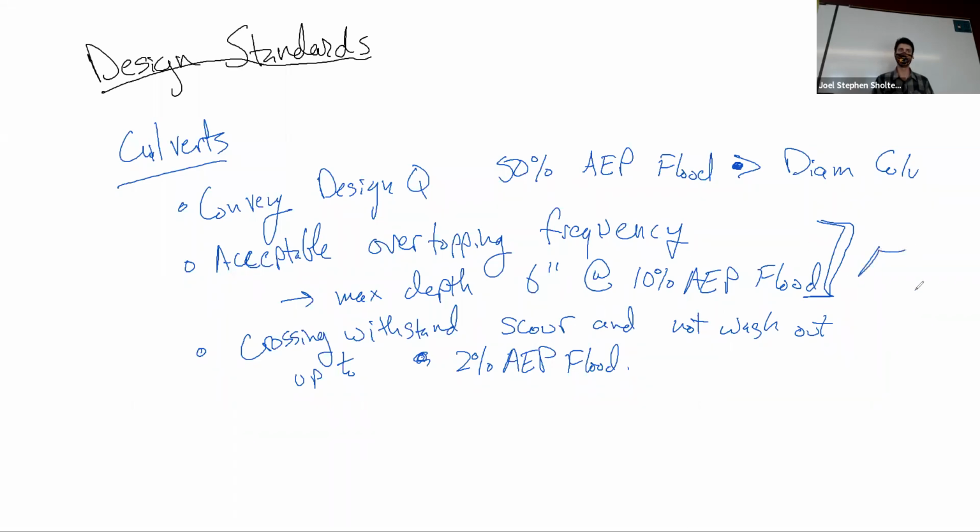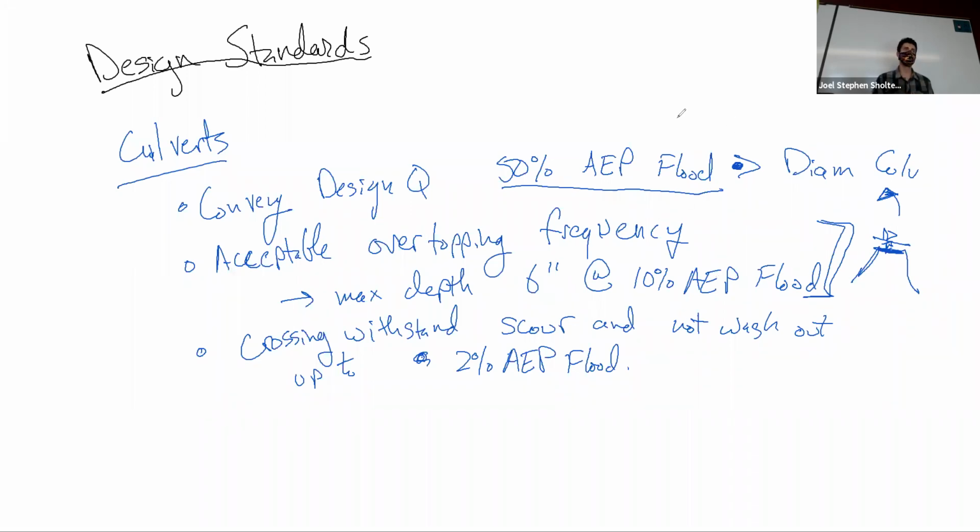Yeah, so our roadway embankment elevation, but also, okay, so say we do a diameter that can pass this flood, but given the maximum elevation for the road crest, the 10-year flood is deeper than 6 inches. So maybe we need to go back and make a bigger culvert so that this 10-year flood is only 6 inches deep right here.